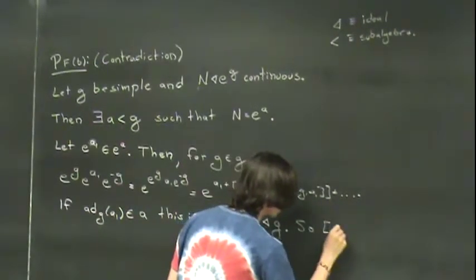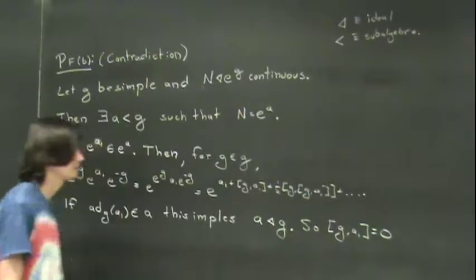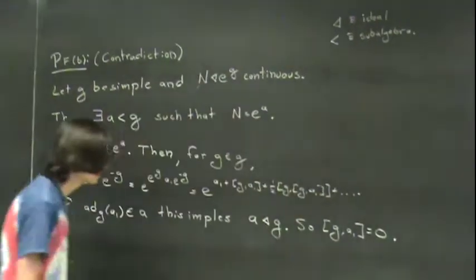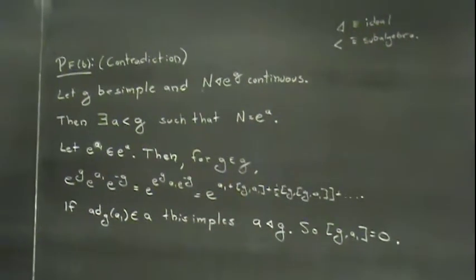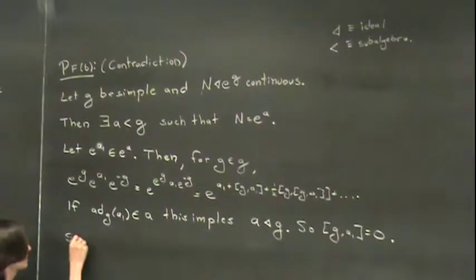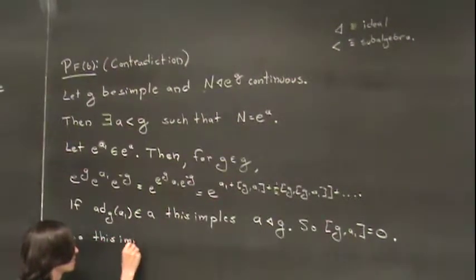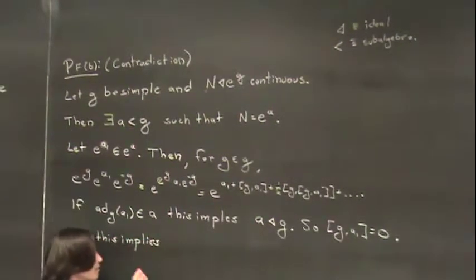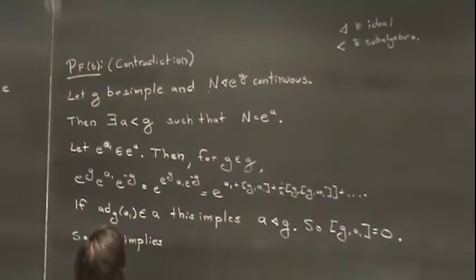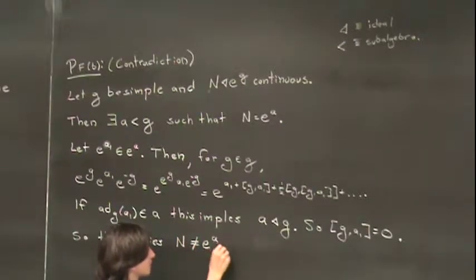So this guy must be 0. And so basically, this implies that N is not equal to e to the a for some a.